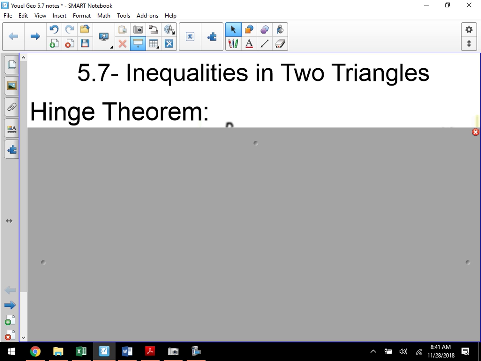Looking at it, which angle between here is larger? Correct. Which means what side length is going to be longer? This one. Even though these two sides are the same, this angle is bigger, which means this third side is bigger.